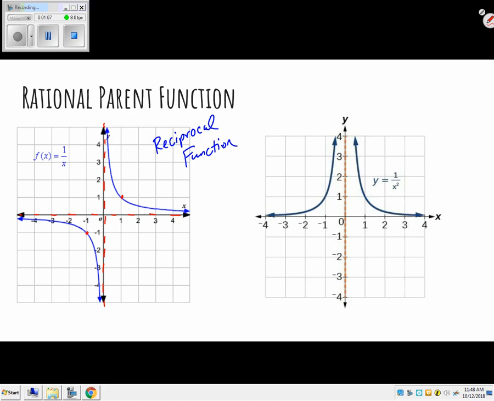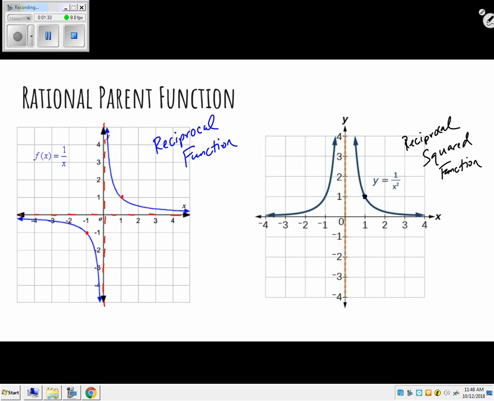The other one that our book talks about is the reciprocal squared function. What they did on the reciprocal squared function was they simply squared the top and squared the bottom, and then it made it so that this branch that was in the third quadrant flipped to the second.